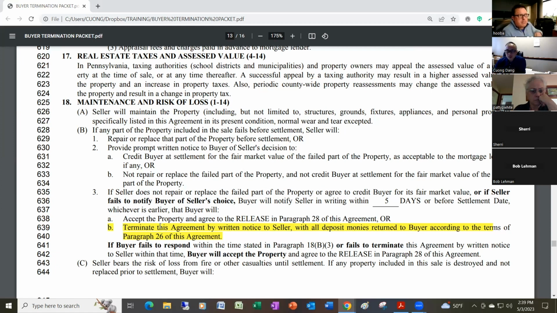But if the seller says no, I'm not going to replace it, or they try to negotiate with the buyer or give a fair credit, if the thing costs $1,200 and they say, well, we'll give you $600 for it, then the buyer has the right to terminate.